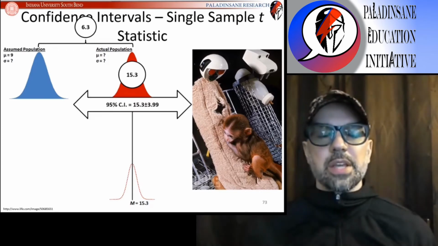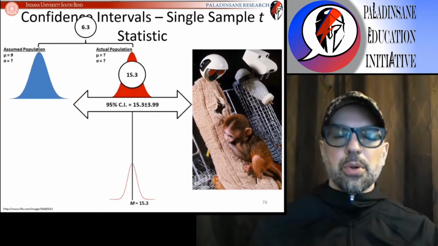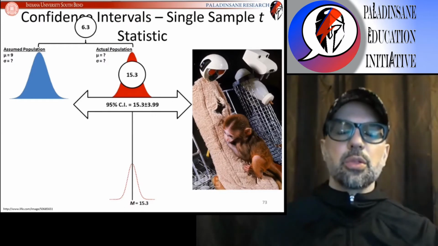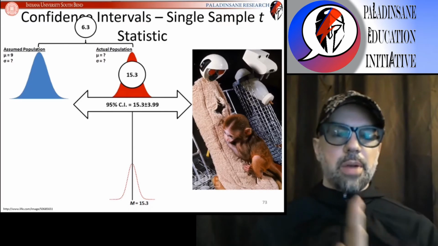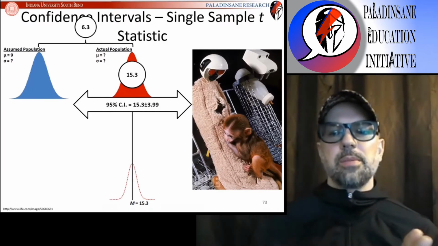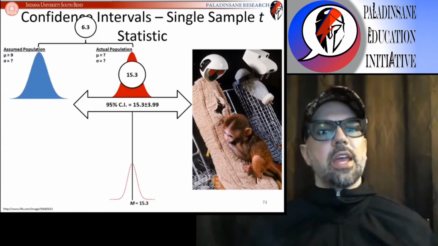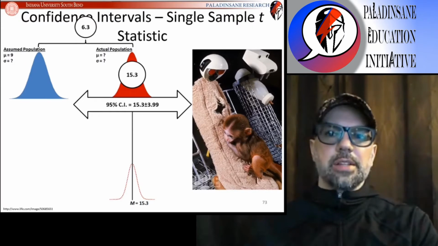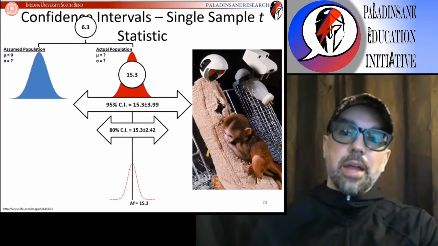I am 95% confident that the monkeys will spend 15.3 hours per day plus or minus 3.99 hours. And that 3.99 was found by taking the upper bound minus your point estimate, and that gives you that plus or minus 3.99.